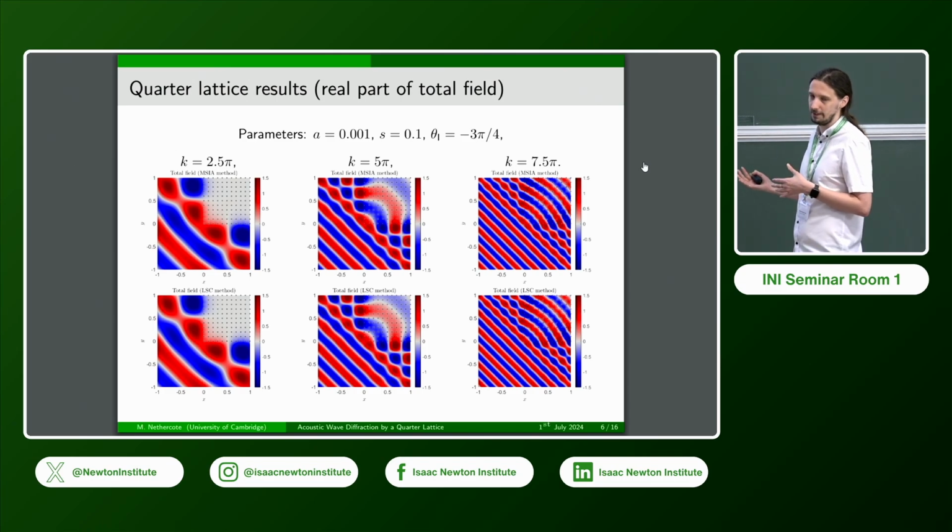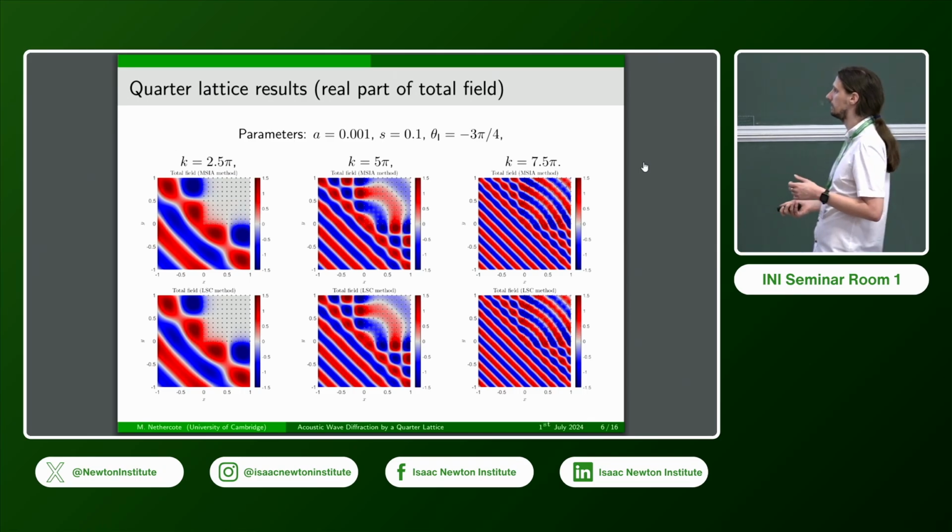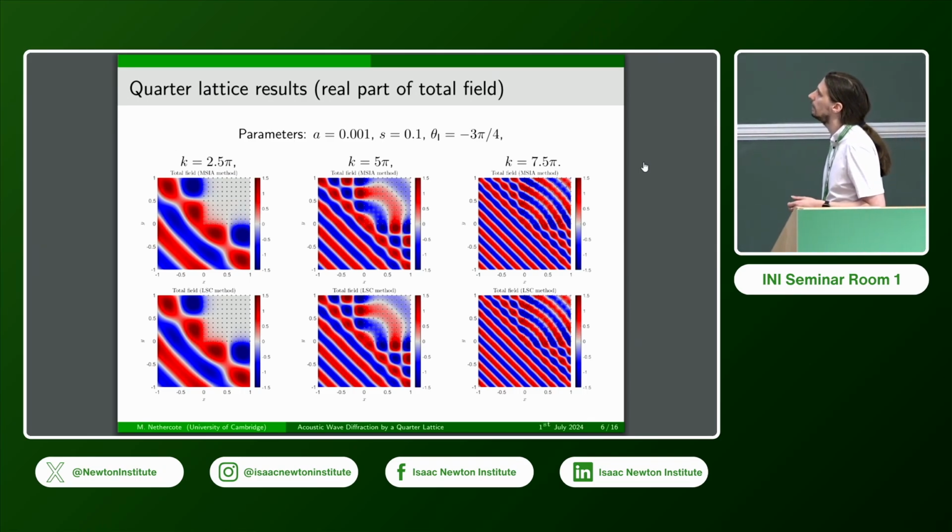It was kind of guesswork from looking at the fully infinite lattice that we chose these. So the top row is using this Wiener-Hopf method, and for sake of simplicity, I've given it an acronym of MSIA, or multiple semi-infinite arrays.